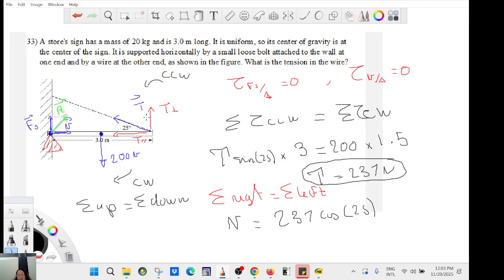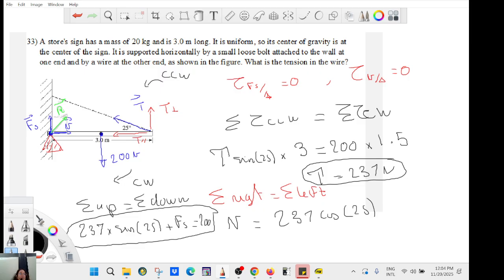So you will have this component here, which is T sine 25 up, plus the static friction equals 200. And you can find the static friction. And then your civil engineering class will say, no, no, no, we don't like that.